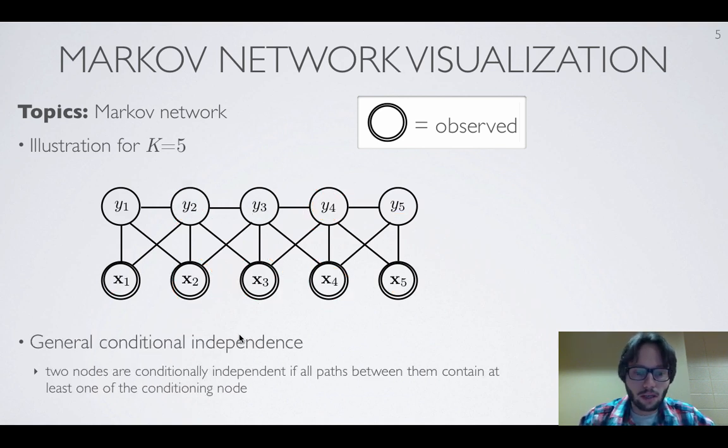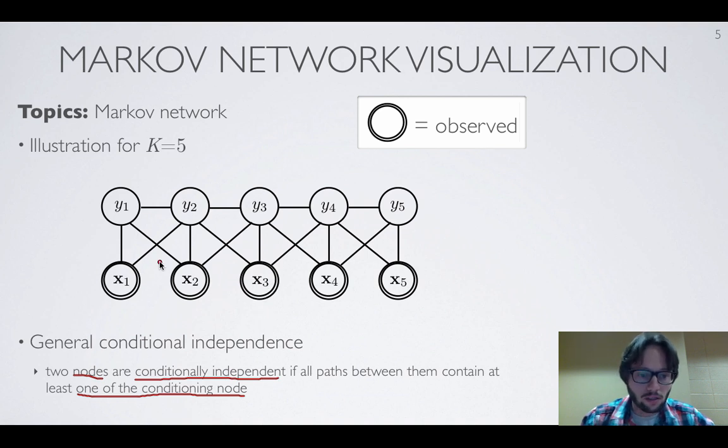In fact, we can say something even a bit more general, which is that if I have two nodes, they are going to be conditionally independent if all the paths between the two nodes contain at least one of the conditioning nodes, so one of the nodes that I might be observing and conditioning over.